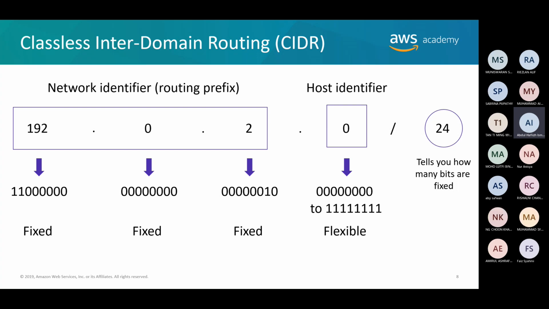So basically 24 is the network ID, sorry, not host ID, network ID. For 24, 8-bit, 8-bit, 8-bit, so it's 24, so we are left with the host ID. So this one is from 0 to 255, so around 256 host IDs.